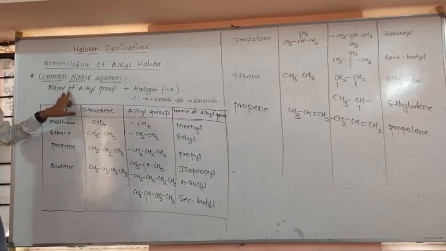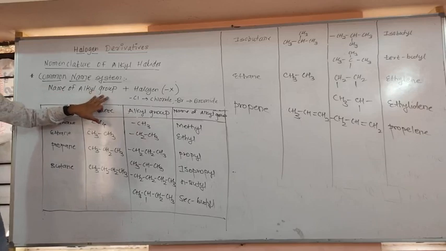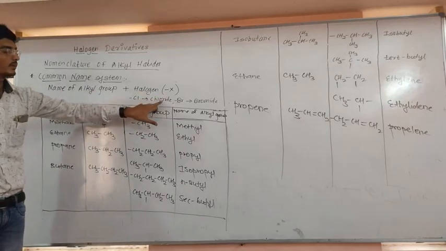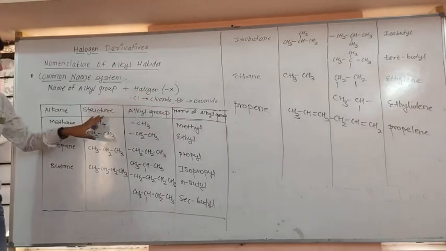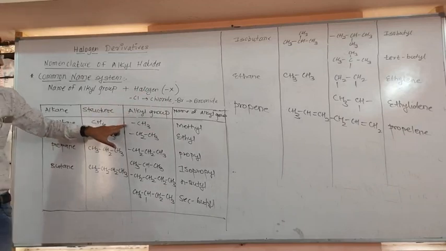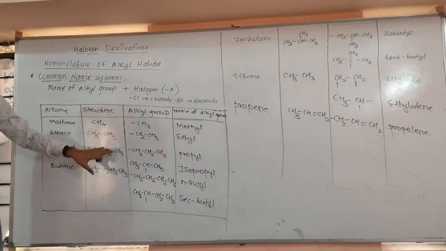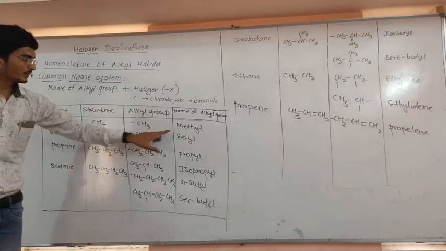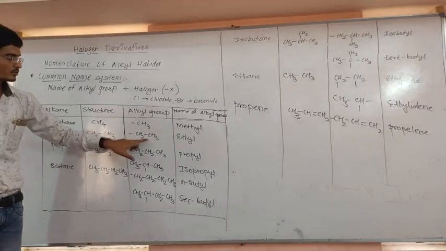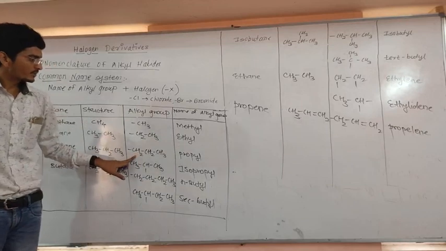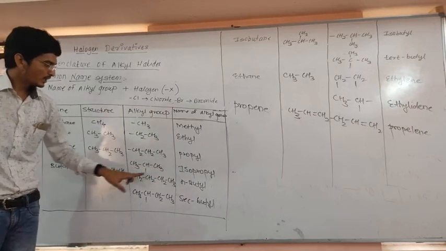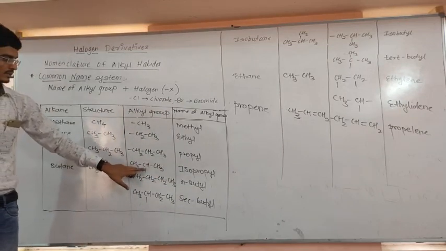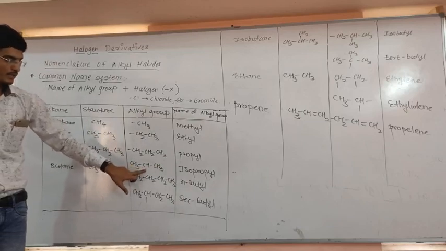Once again, in the common name system, first take the name of the alkyl group, and then the name of the halogen. Some alkyl group names: CH3 is methyl, CH2CH3 is ethyl, CH2CH2CH3 is propyl, and CH(CH3)CH3 is isopropyl.